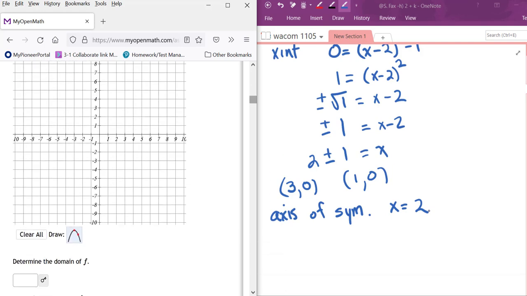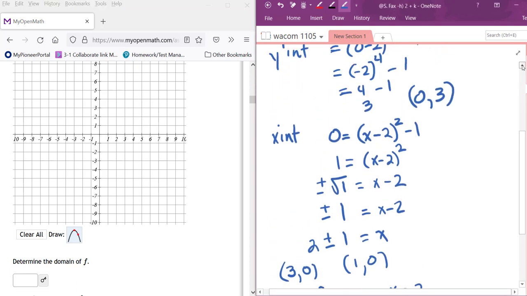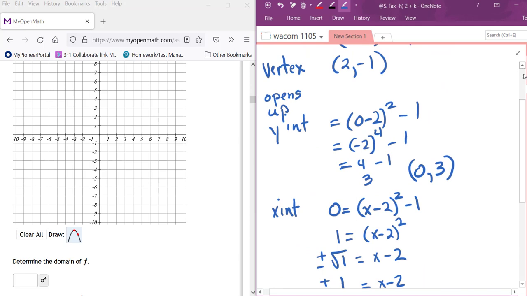And now we'll draw the graph. So first you're going to enter your vertex, which we said is 2, -1.